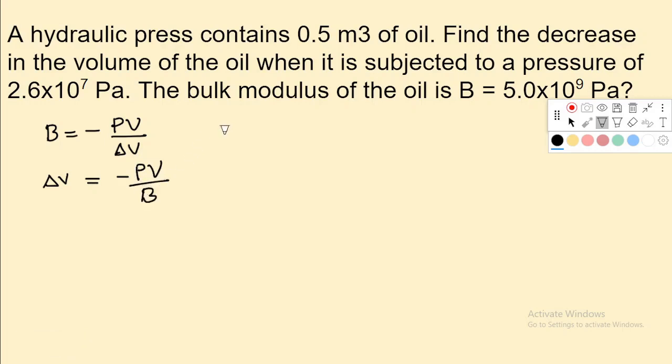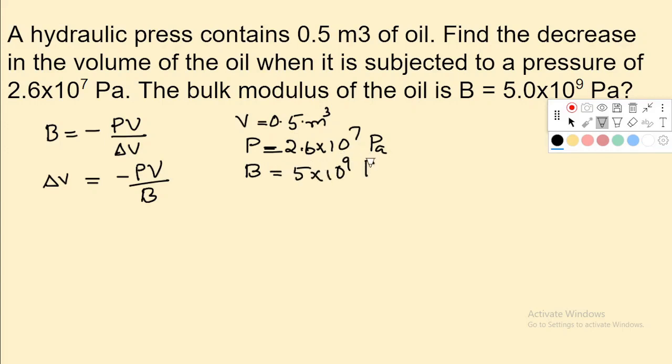Now let us write the information given in the problem. Here the initial volume capital V is equal to 0.5 meter cube, and the applied pressure capital P is equal to 2.6 into 10 raised to 7 Pascal, and the bulk modulus is given, that is 5 into 10 raised to 9 Pascal.